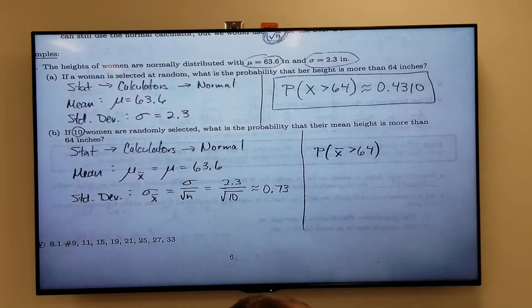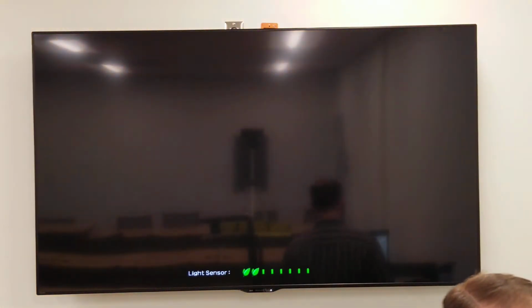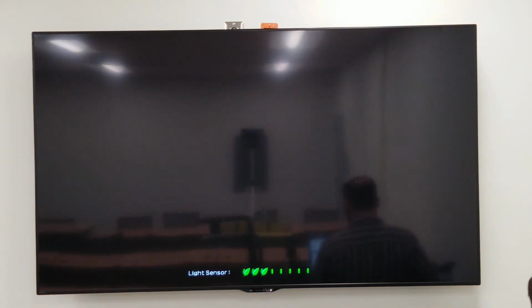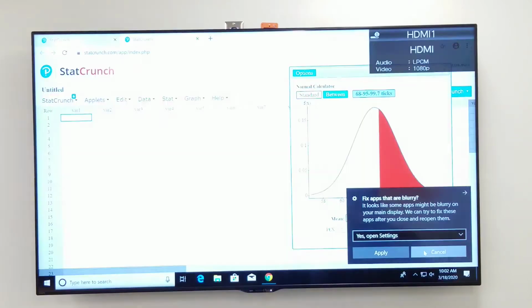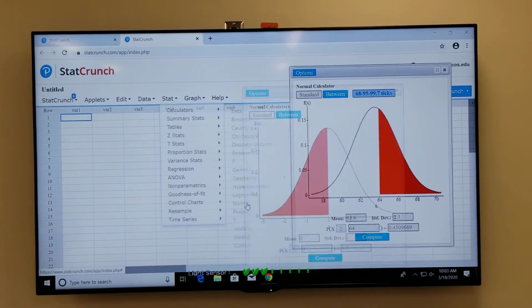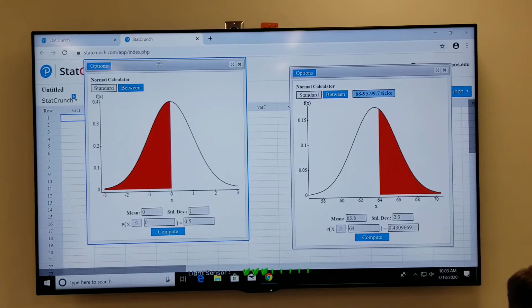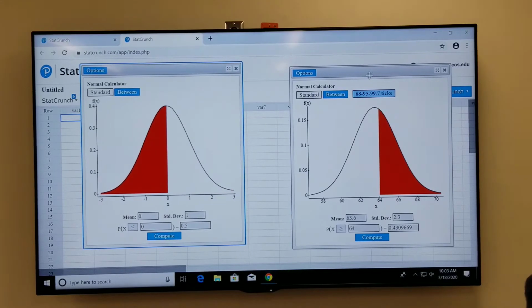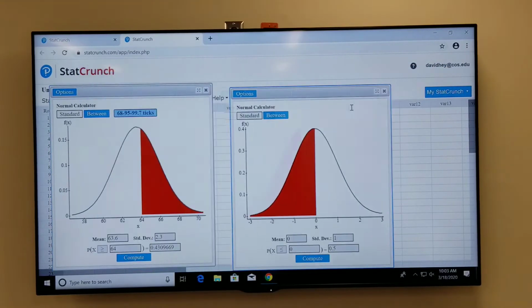Okay, let's take a look. I'm going to Stat, Calculators, Normal. This was part A. Maybe I'll switch them around so it's not as confusing.